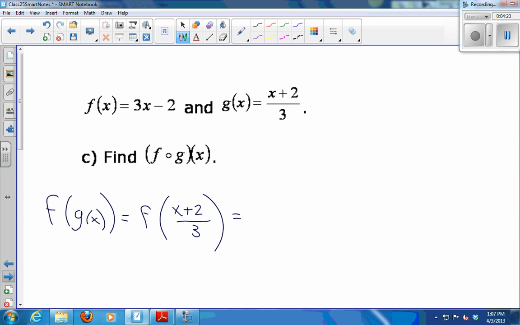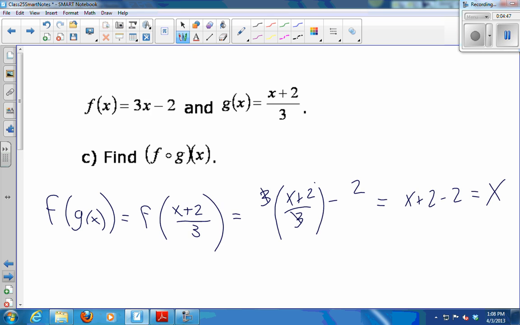So instead of 3x minus 2, it's going to be 3 times x plus 2 over 3 minus 2. And when I simplify this, the 3's cancel. Then you have x plus 2 minus 2, which is x. So I get a round trip this way also.